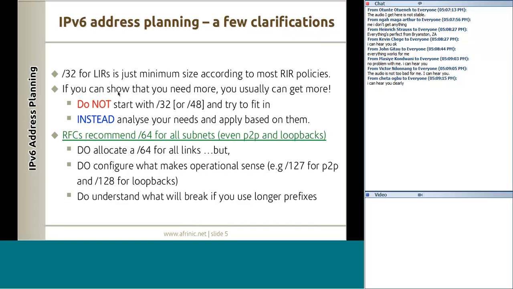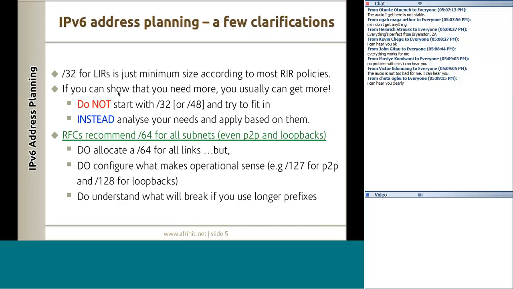Now, the second thing I would also like to point out is that the RFCs essentially recommend that we use /64 for all subnets, even P2P links and loopback addresses. There's a lot of contention on this point, but I'll say that while you are planning, follow these guidelines.